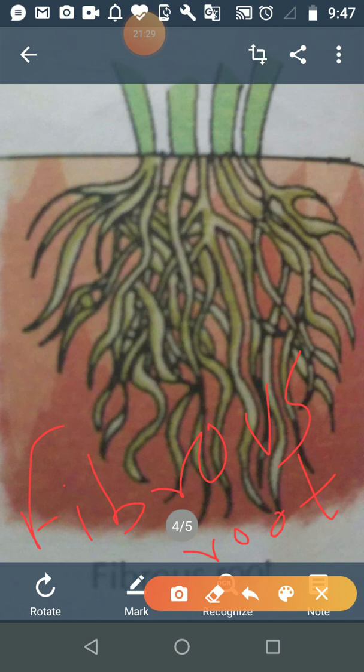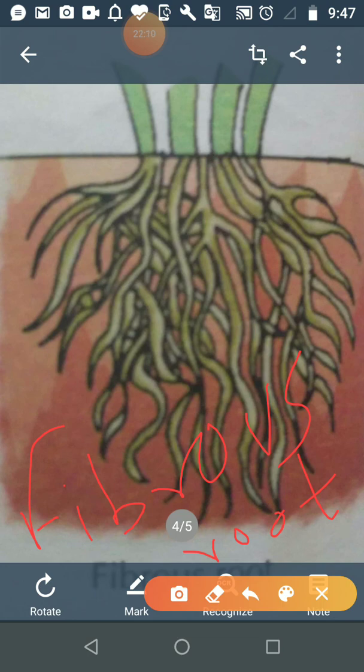Okay student, now after discussing taproot and fibrous root, let us study what are the functions of root. See, again I am repeating the same thing.